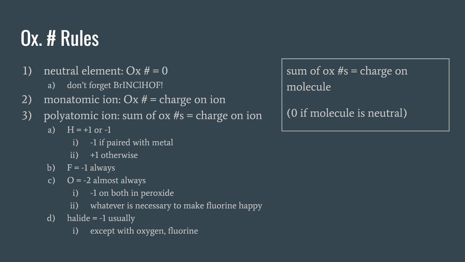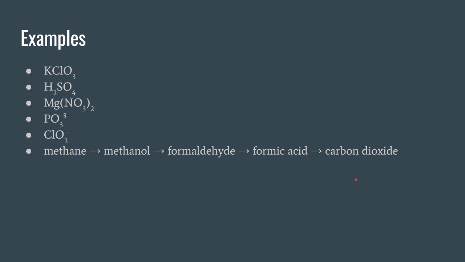Again, these rules are going to take some practice, and they're not going to give them to you on the test. So you're just going to have to remember them. Okay? So let's go through a few examples.